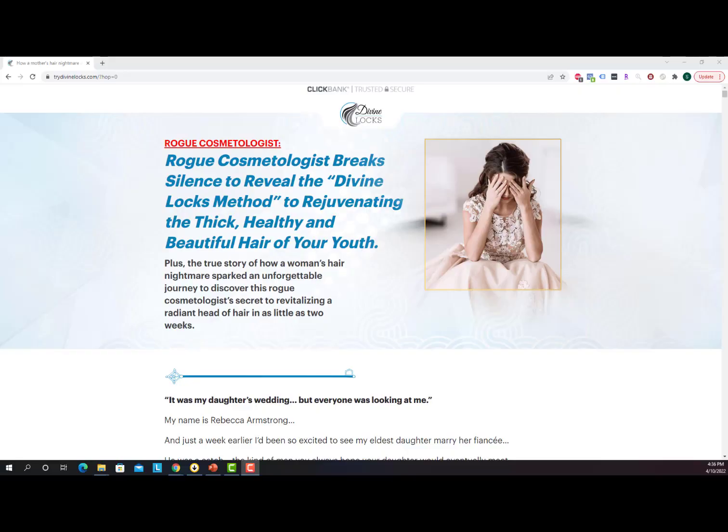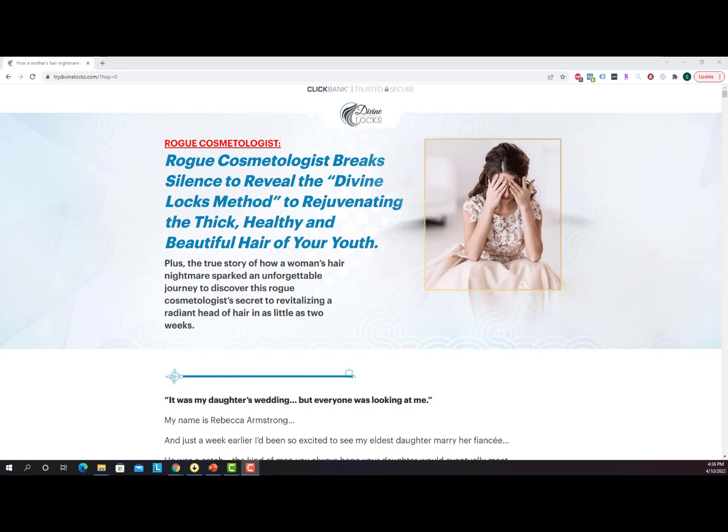So the example we're going to look at is selling a hair supplement. And it's targeted to older women over the age of 40 or 50 who have thinning or unhealthy hair. And the way the sales letter works is it opens up with a story lead. The story lead transitions into a quest to solve the problem.